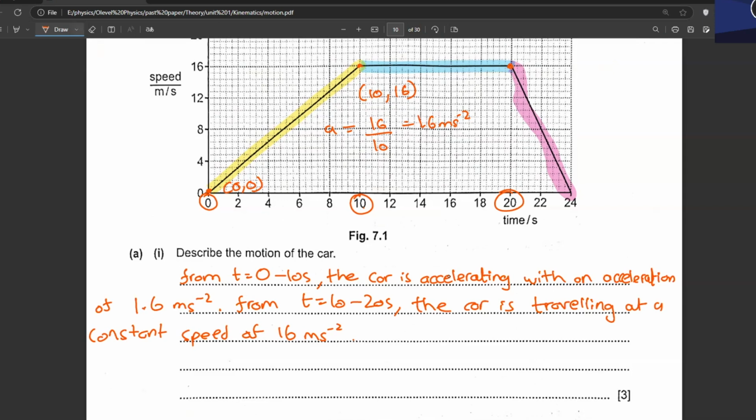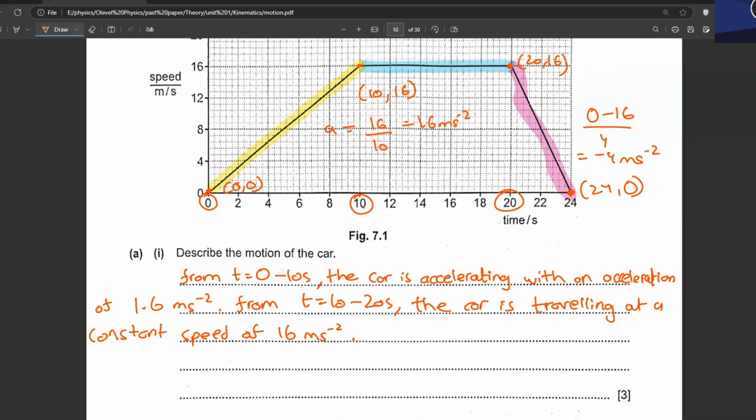Let's say this is your point 1, this is (20, 16), and this is (24, 0). Can you calculate the deceleration here? Yes, 0 minus 16 divided by 4. This comes out to be negative 4 m/s².